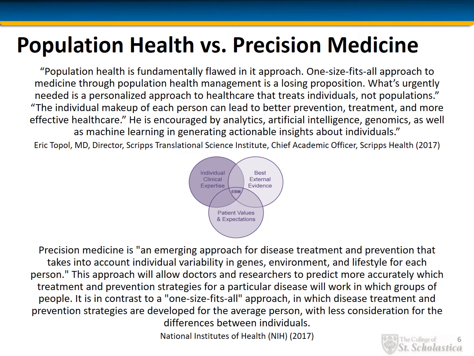This approach will allow doctors and researchers to predict more accurately which treatment and prevention strategies for a particular disease will work in which groups of people. It is in contrast to a one-size-fits-all approach in which disease treatment and prevention strategies are developed for the average person with less consideration for the differences between individuals."